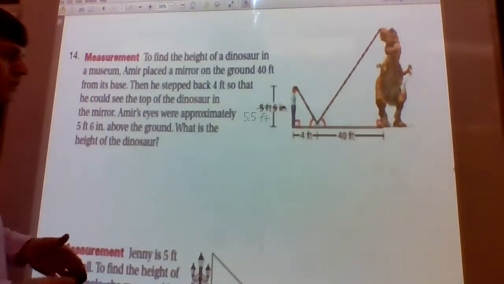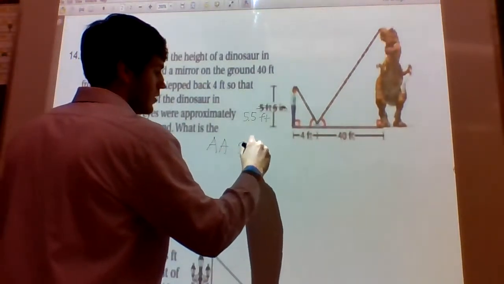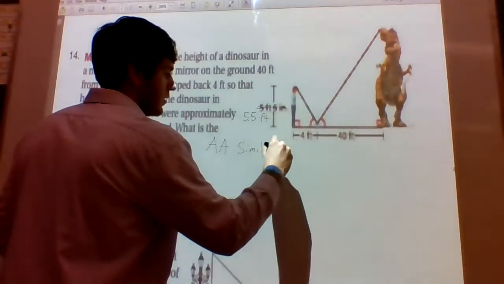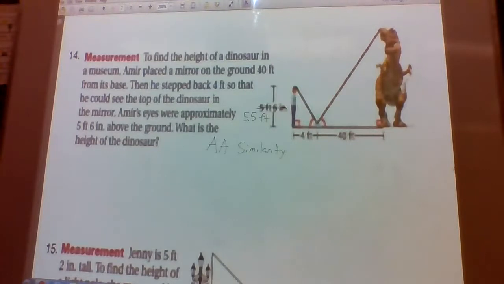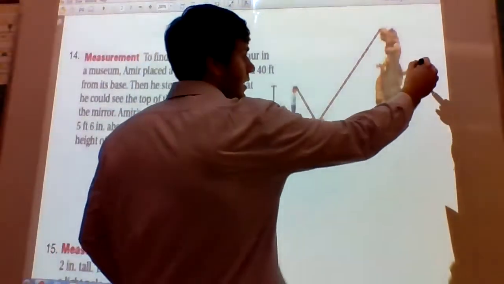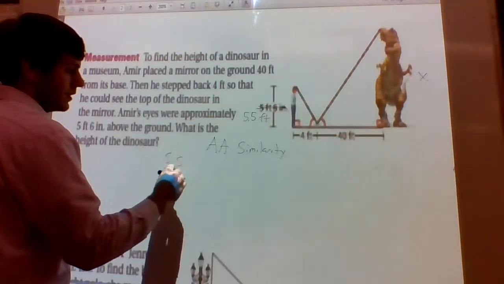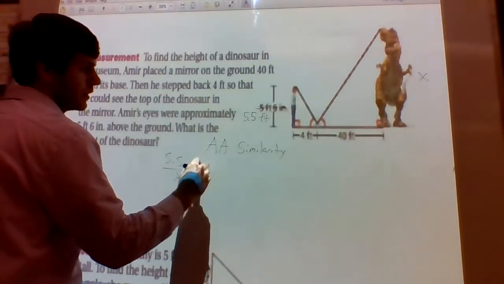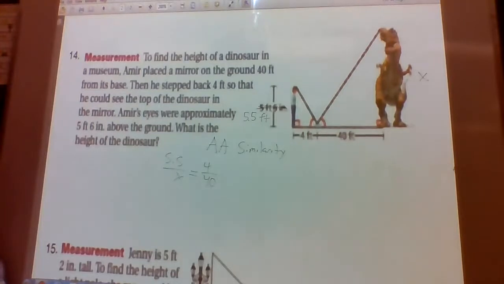So we know by angle similarity that these two triangles are similar. If the triangles are similar, what do we know about the sides? We know the sides are proportional. So if we make the height of the dinosaur x, 5.5 is to x as 4 is to 40 feet.